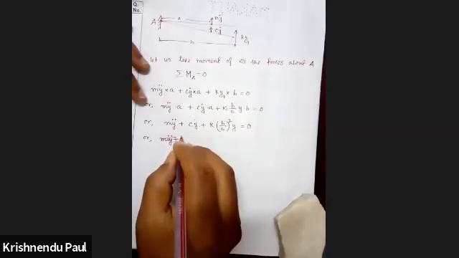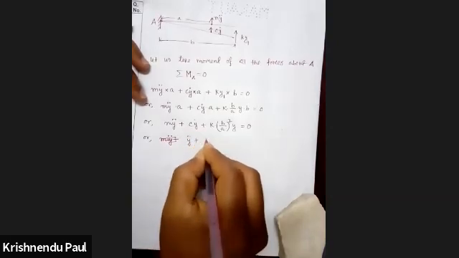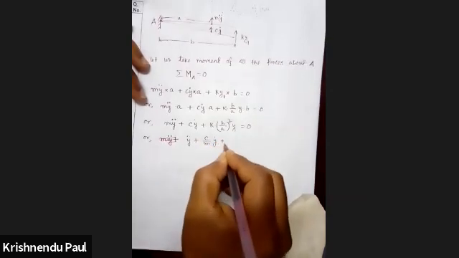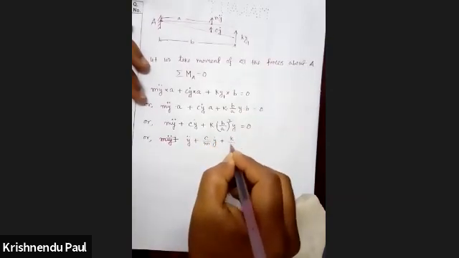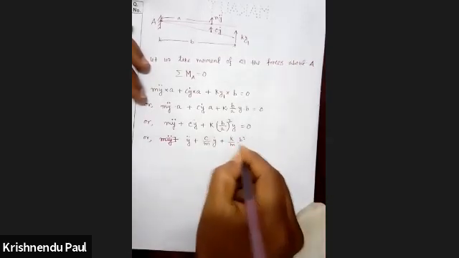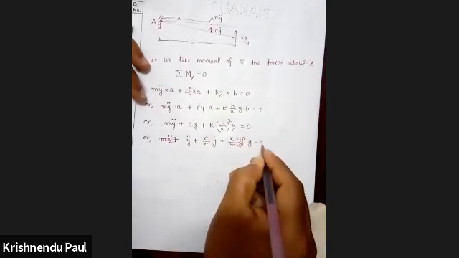So y double dot plus c by m y dot plus k by m into b by a whole square into y is equal to 0.